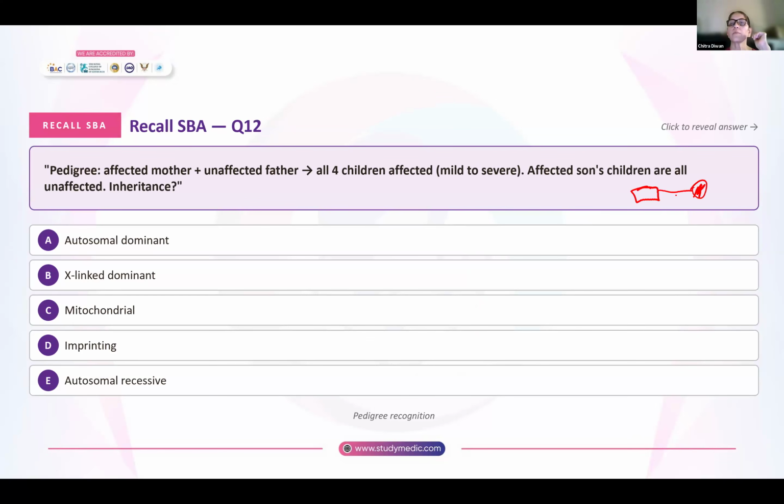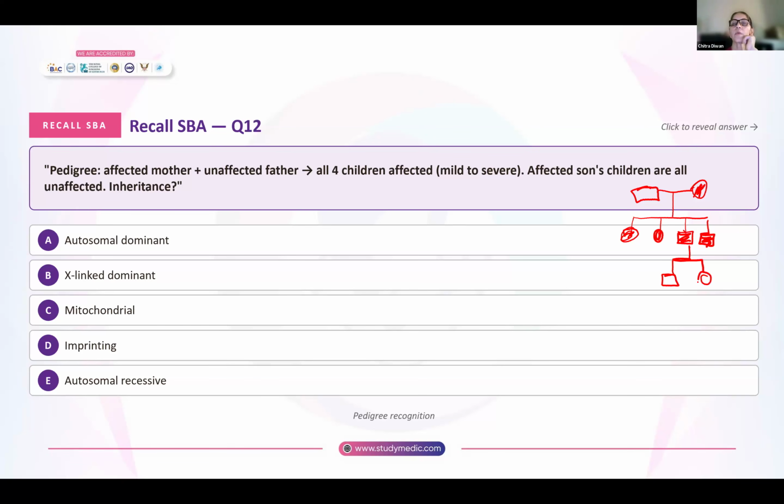They are males and females, so even males are affected, even females are affected. Because all are affected, I am putting it as solid. Now the affected son's children are all unaffected. The children from the son, they are all normal, whether it is male or female.